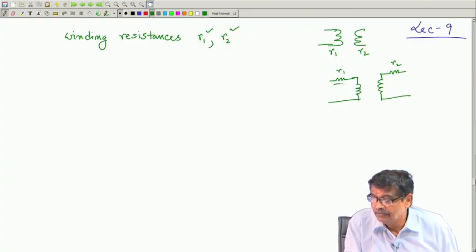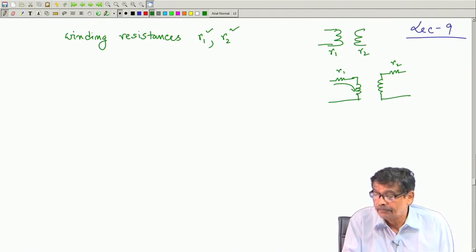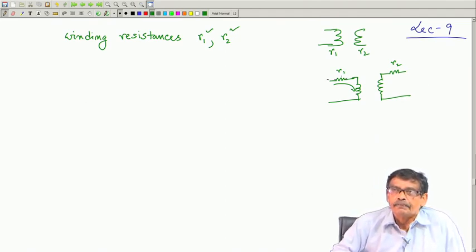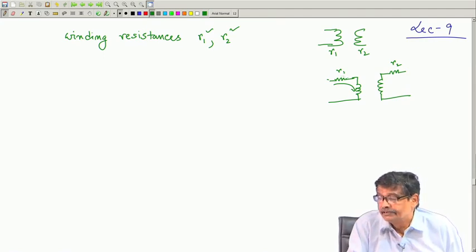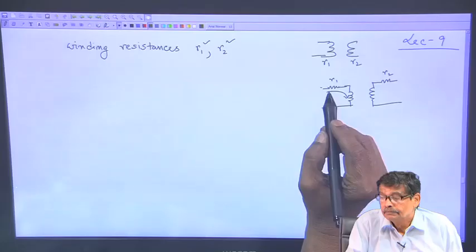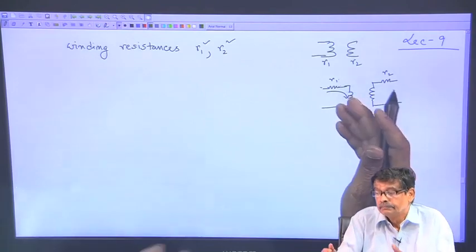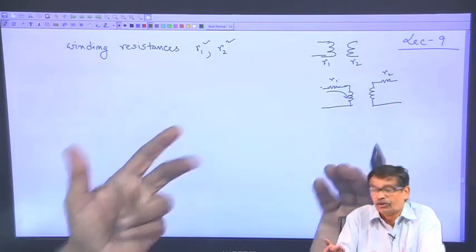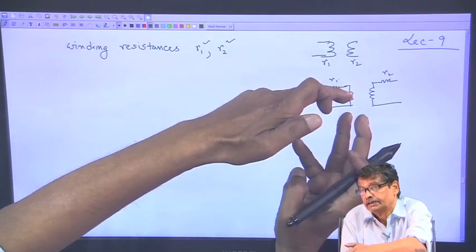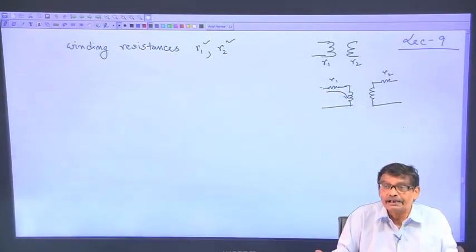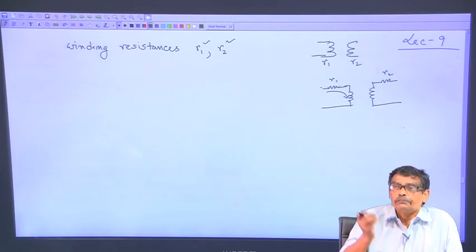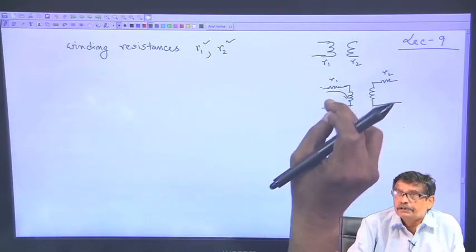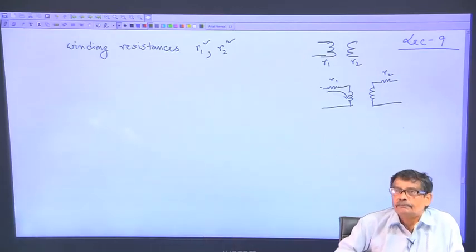Whenever this coil will carry current, in your practical transformer, there will be a voltage drop here in the resistance. Applied voltage minus this drop is going to create flux. Not this full voltage is going to produce your magnetizing current, because a portion of the voltage will be dropped in R 1.